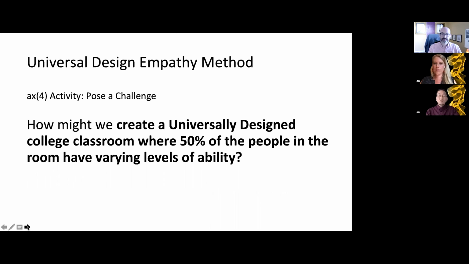And so posing a challenge is really great to a group of faculty in terms of practicing empathy through the A/4. So in this case, here's an example of a type of challenge that I would present to a group of faculty. How might we create a universally designed college classroom where 50% of the people in the room have varying levels of ability?